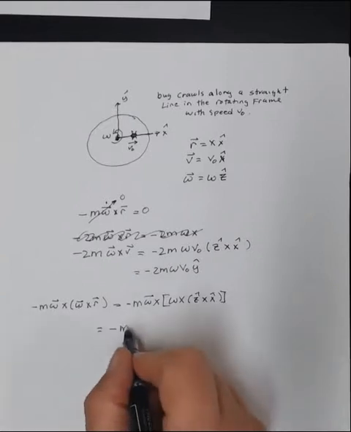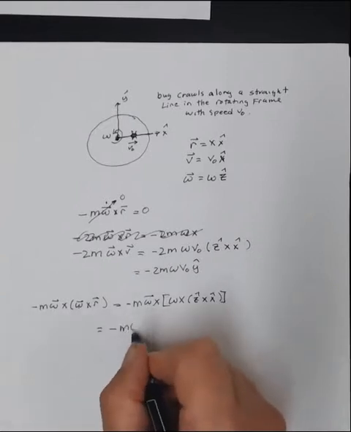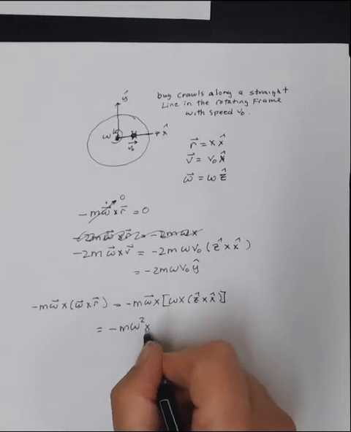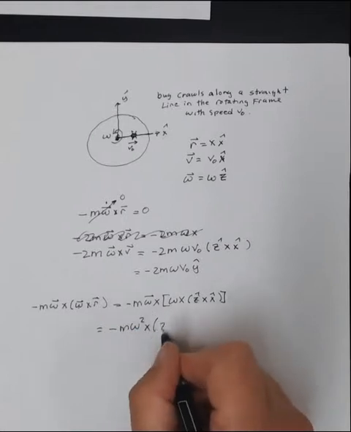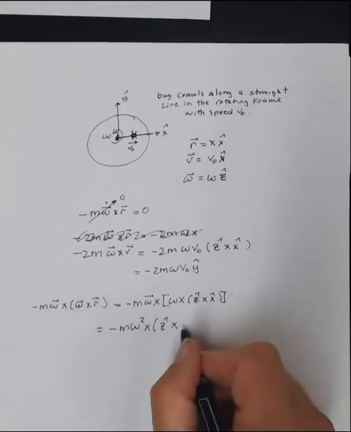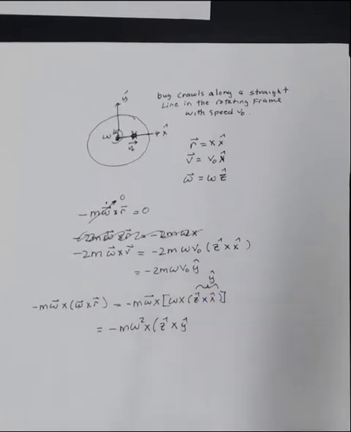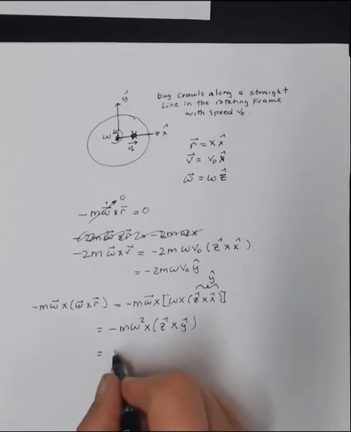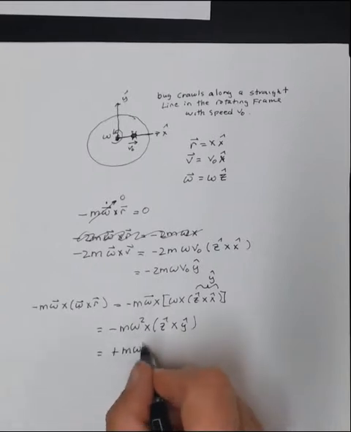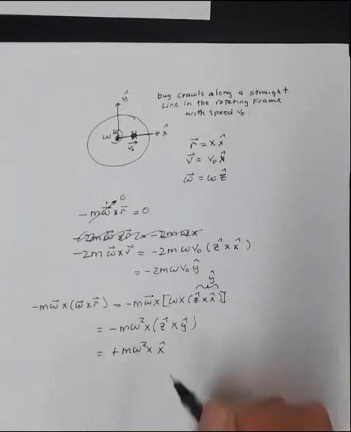So it equals negative m omega squared x, and then z hat crossed into y hat, and that's in the negative x direction, so plus m omega squared x in the x hat direction.